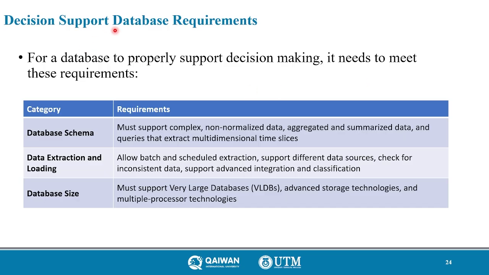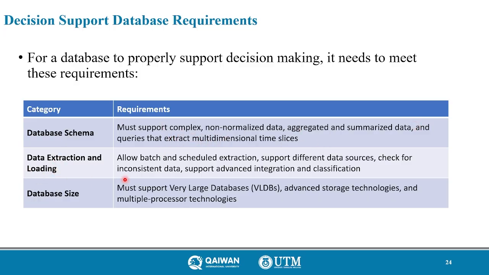Now, decision support database requirements. For a database to properly support decision making, it needs to meet these requirements. Category: database schema, data extraction and loading, and database size. Now, the database schema must support complex non-normalized data, okay? And aggregated and summarized data and queries that extract multidimensional time slices.